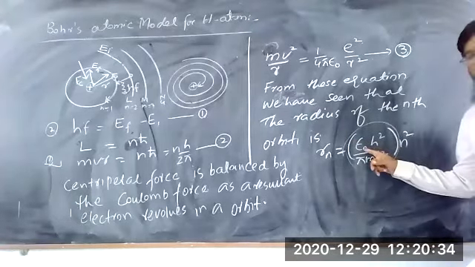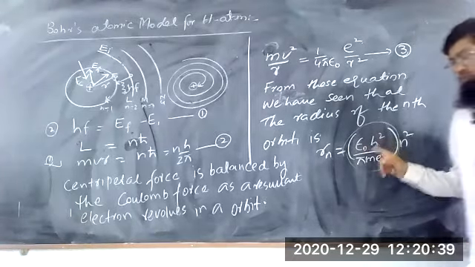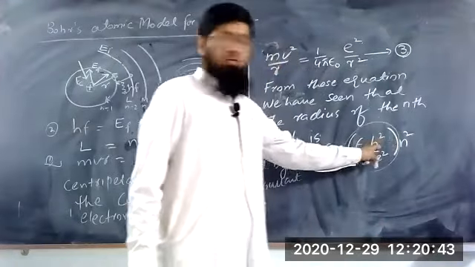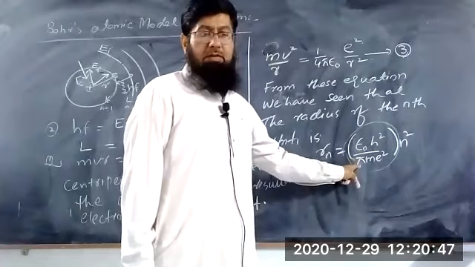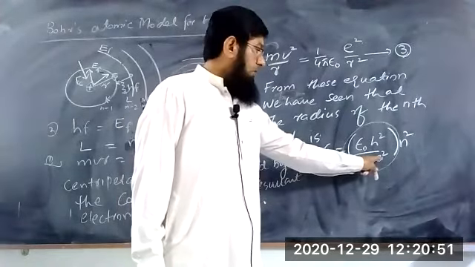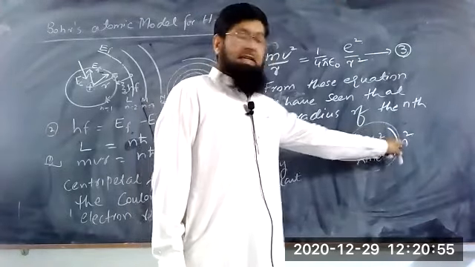Epsilon naught is the permittivity of the free space, which is constant. h is the Planck's constant, and pi is also constant. m is the mass of the electron and e is the charge of the electron. These all things are constant into n square.